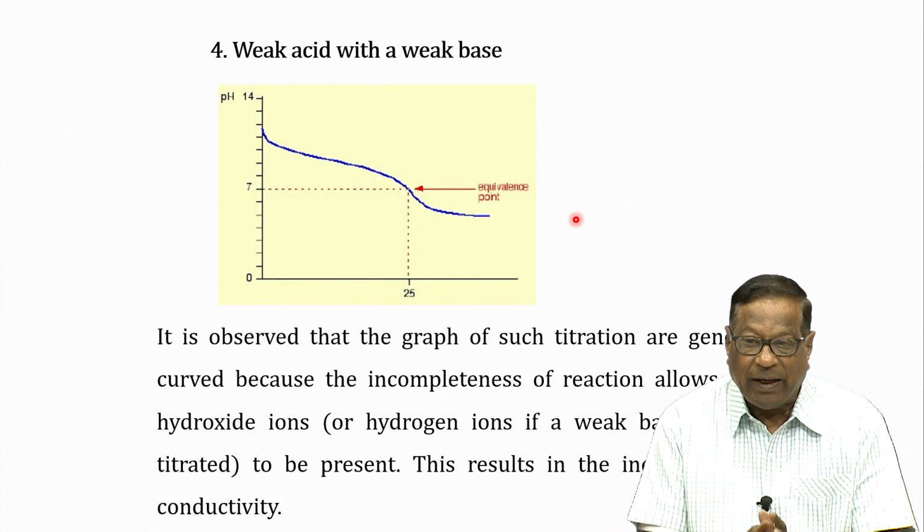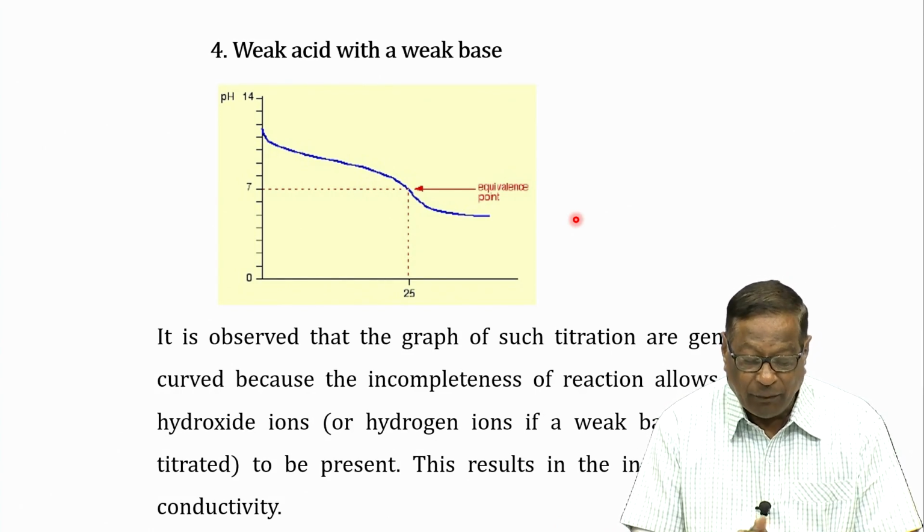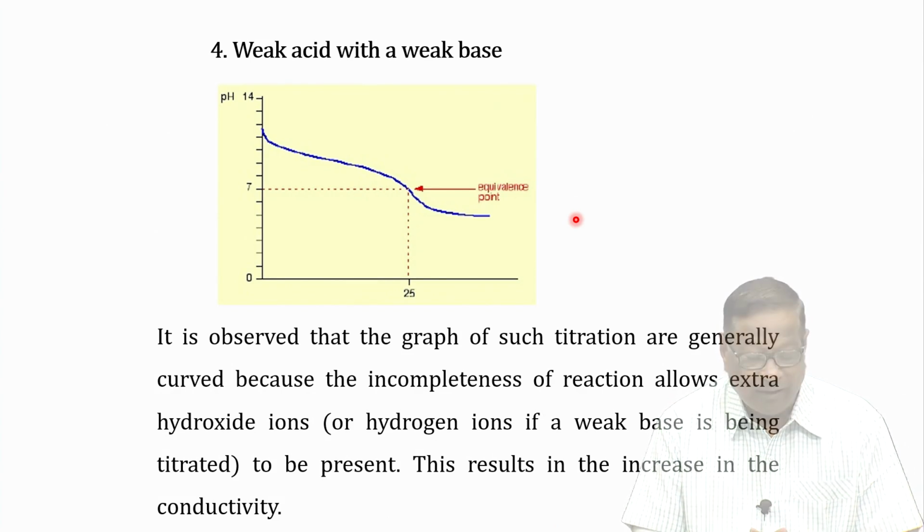For weak acid with a weak base, it is observed that the graphs of such titrations are generally curved because of the incompleteness of the reaction, especially in weak acids and weak bases. The extra hydroxide ions need to be present to see the end point of the reaction more clearly.